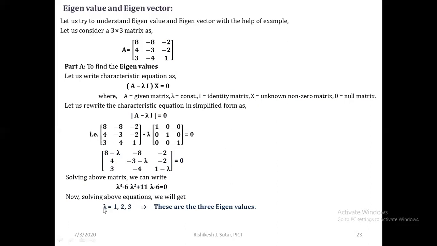So these values of λ are nothing but my eigenvalues. If I consider a matrix of 3 by 3, I will get 3 eigenvalues. If I consider a matrix of 4 by 4, I will get 4 eigenvalues. If I consider a matrix of n by n, I will get n eigenvalues.